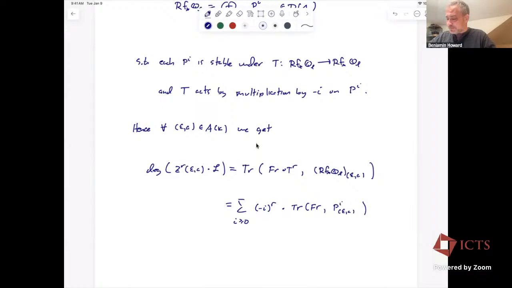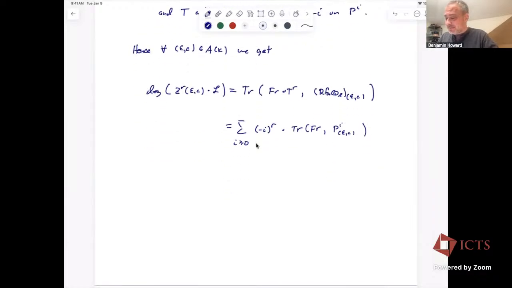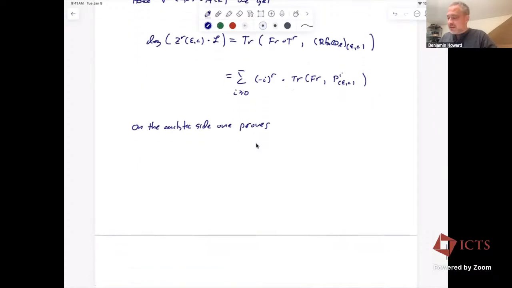And then on the analytic side, one proves that, okay, on the analytic side, we've got this product of a Dirichlet function and some Fourier coefficient on the unitary group U_{n-1}, but it came with a shift. But I don't want to put that here.